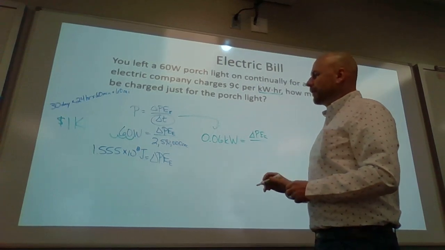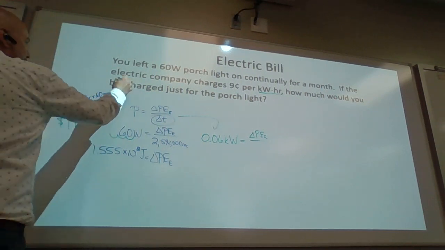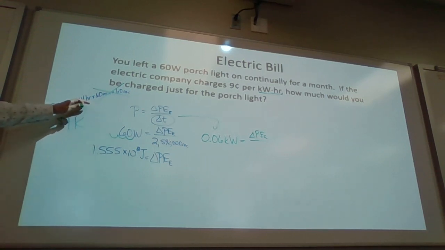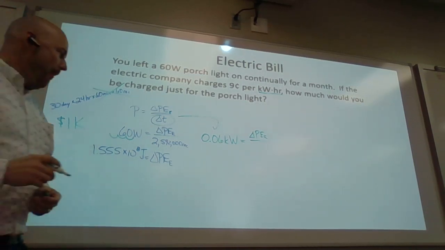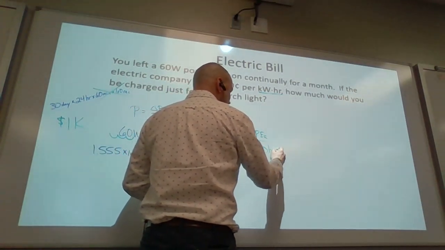And then we need to convert not to seconds, but to hours. So I don't have to do the times 60 times 60. I just need to figure out how many hours are in the month. Does that make sense? So there are 720 hours.